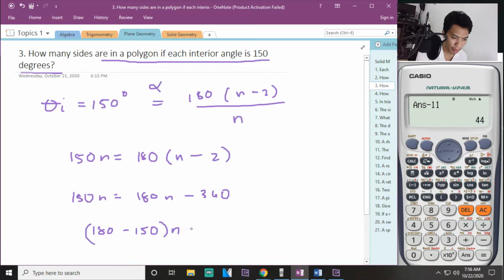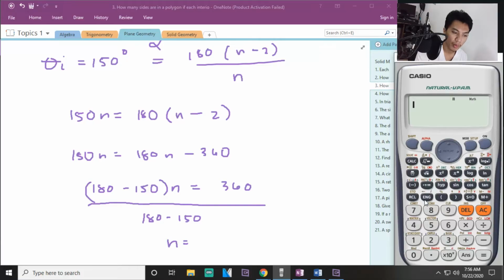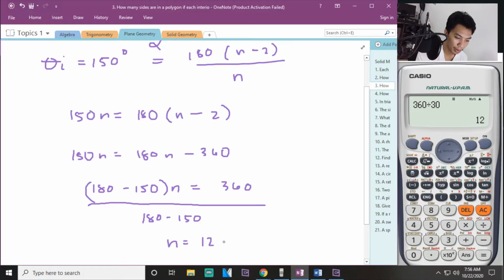Labas ko si n, equal to 360, divide ko ng 180 minus 150. n will be equal to 360 divided by 30. So, that is 12 sides. Dodecagon. Okay, so we have solved number 3.